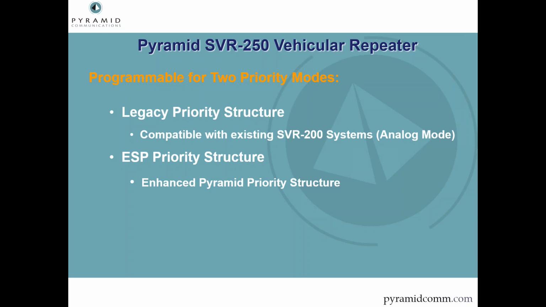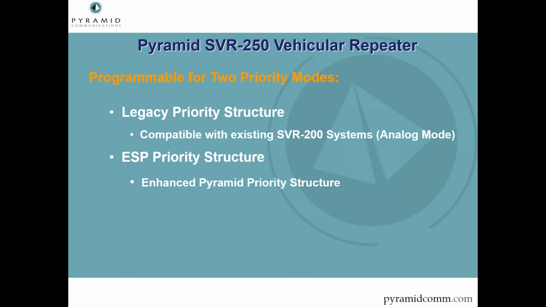Now once you get into digital mode, instead of using audible tones and analog tones, you're going to be using things like NAC codes or DMR talk groups or NXDN RAN codes, things like that. So that's some differences there between analog and digital. And we won't touch too much on that because it just muddies the water.